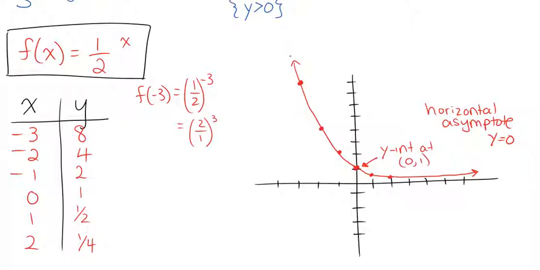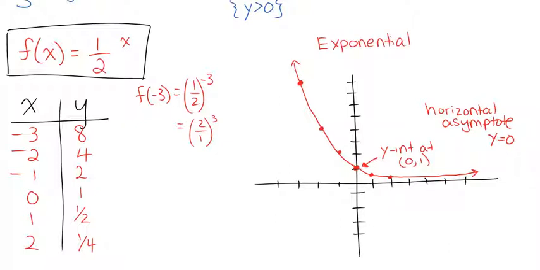Our function this time is decreasing. As we move from left to right along the domain, our function is going down, with a negative slope. It starts off with a super steep slope, and then it gets less and less steep. So it's decreasing. We could also call this exponential decay.